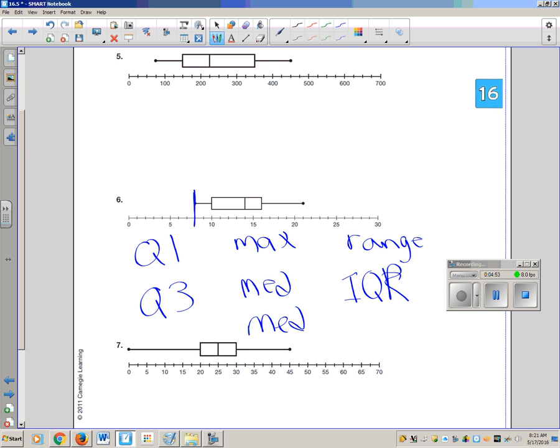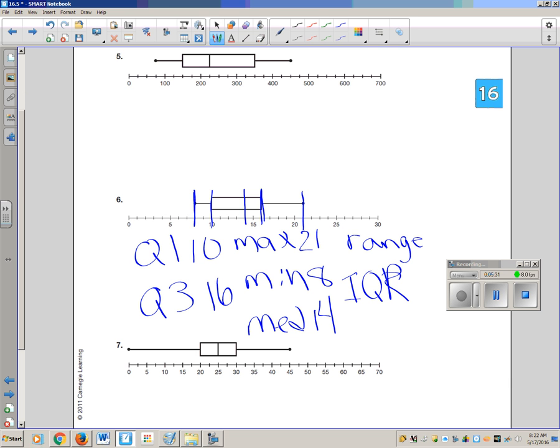This is the minimum, which counts up by ones. So this is 8, and then this one is 21. And that is the median, which is 14. Quadrant 1 is 10. Quadrant 3 is 16.